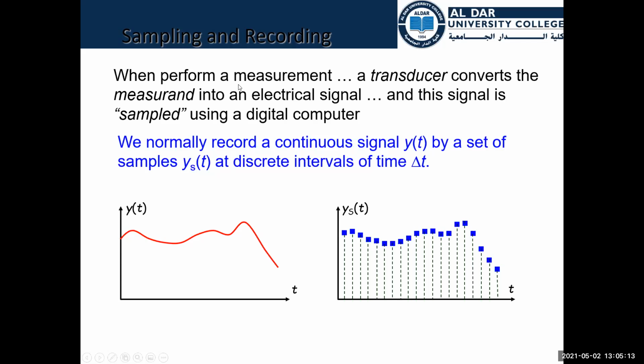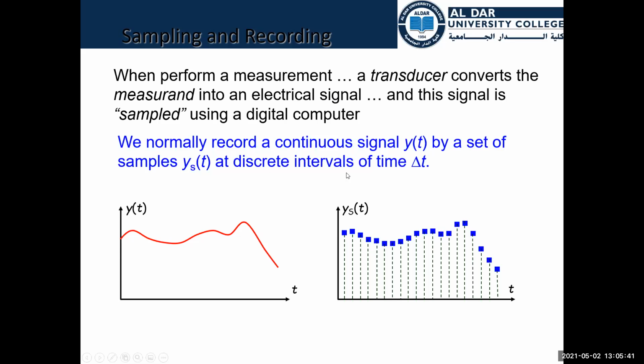When we perform a measurement, we have a transducer, and we know from previous lectures that the transducer's job is to convert the measurements into an electrical signal. We take this signal and sample it using a digital computer.